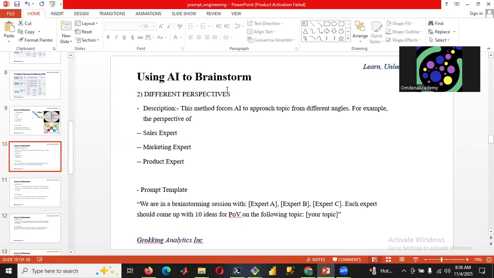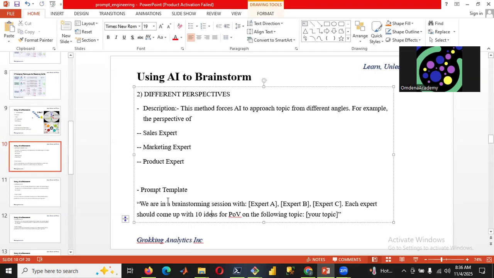The next one is the technique called different perspectives. This method forces AI to approach a topic from different angles. Like you have different domain experts: sales expert, marketing expert, product expert, and you can use this template below. We are in a brainstorming session with expert this, expert that.